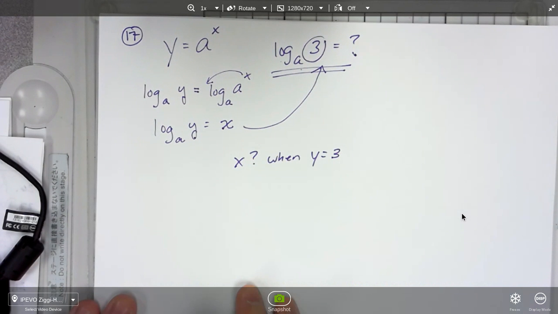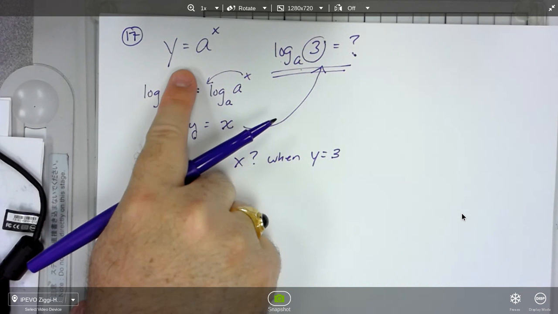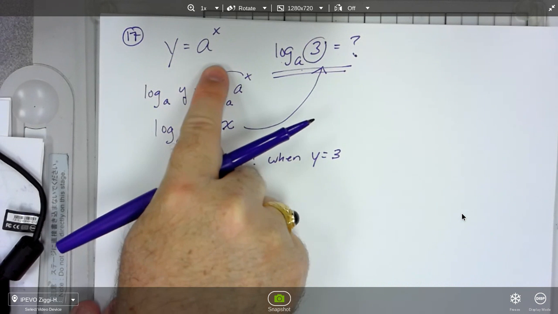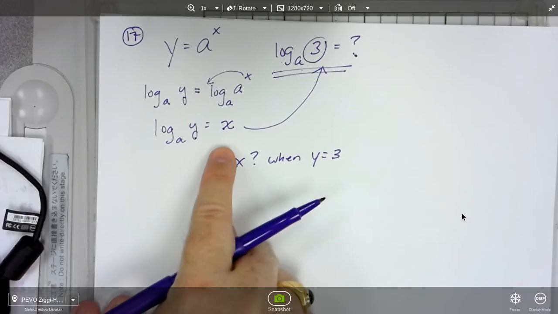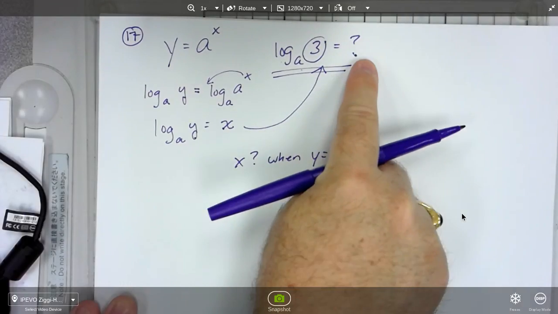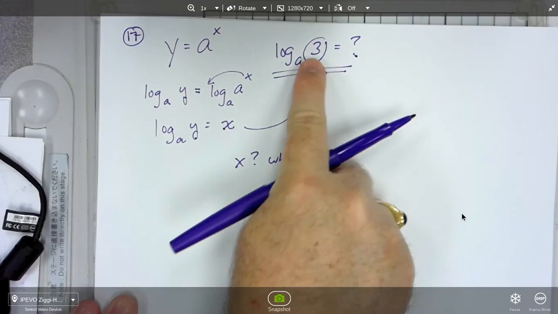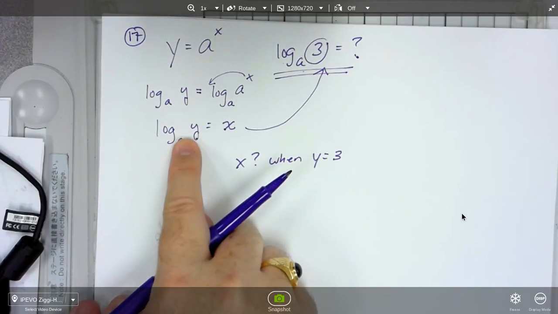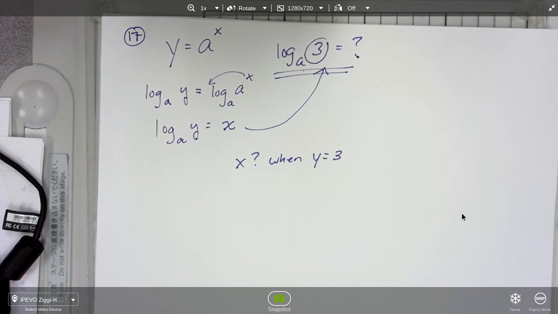So all you have to do on this one is rewrite your function as a logarithm and compare it to what they're asking about. They're saying, what's the x value when this y value is equal to 3? So then it's just a matter of going back to your graph.